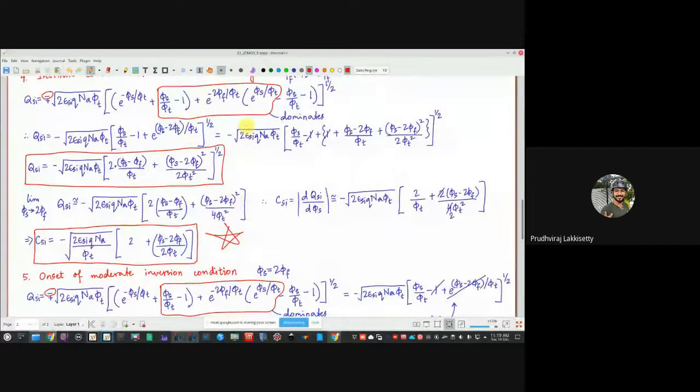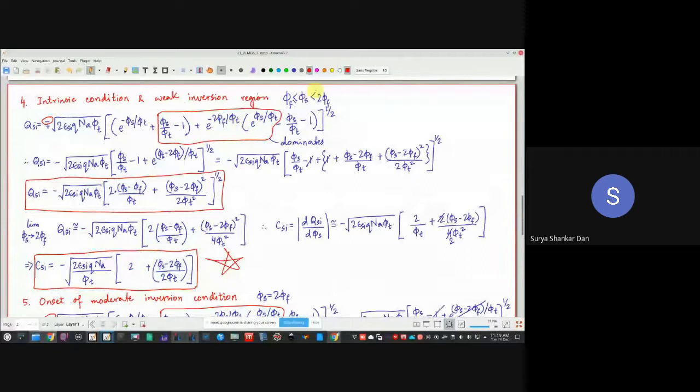Over here, look at this phi s. Phi s is less than 2 phi f. Okay, so that means, but phi s is greater than phi f. As a consequence, first of all, phi s is greater than phi f. That means it is positive. If it is positive, then e to the power of minus phi s by phi t is going to be a very small term. So this is absent.